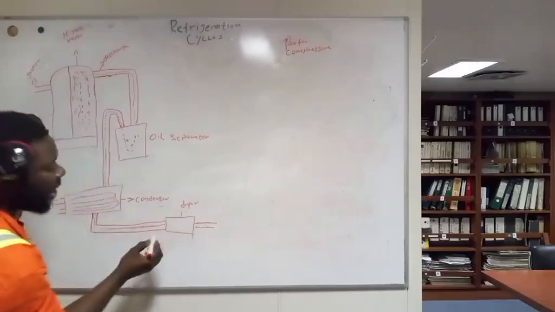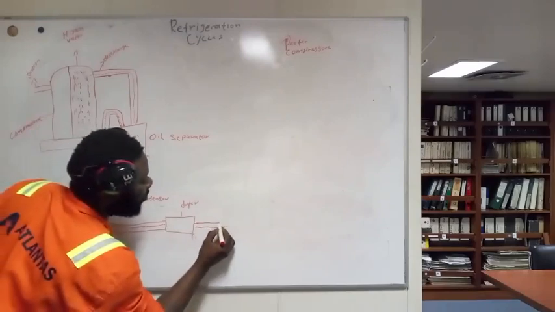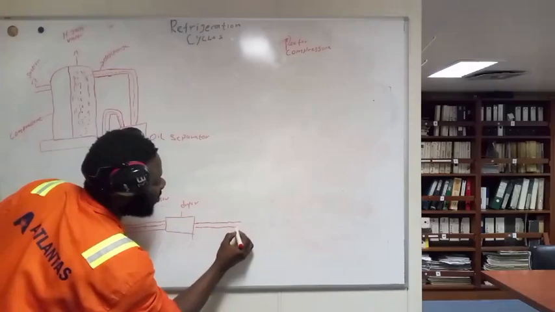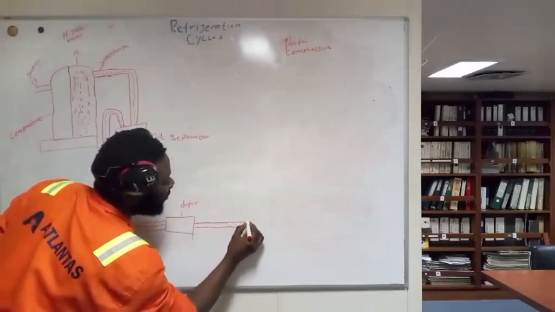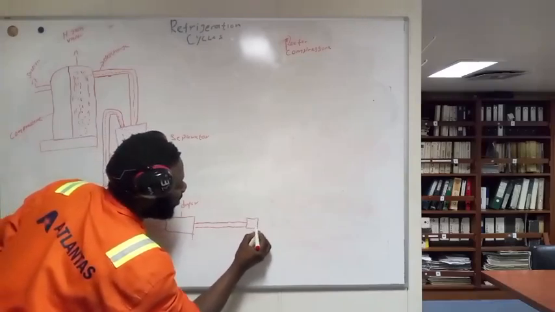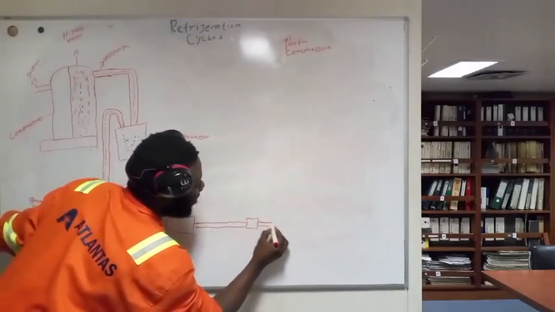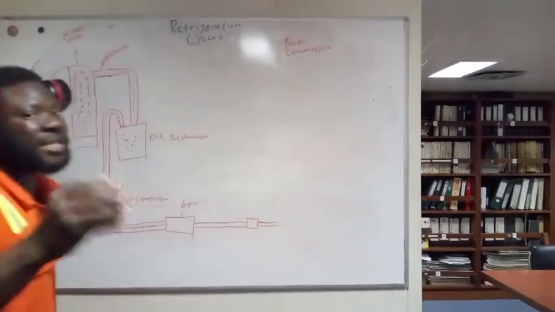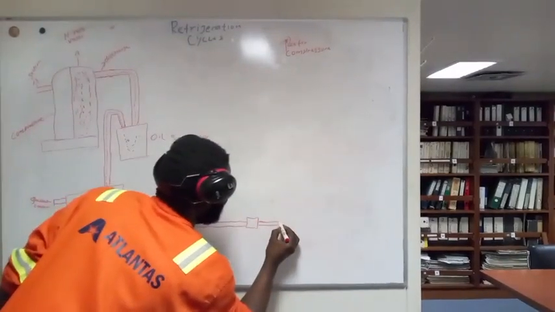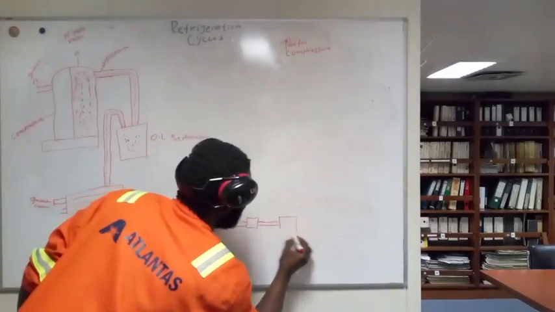The low temperature liquid gas moves out from this dryer to the receiver. From the receiver, it moves down to the expansion valve.